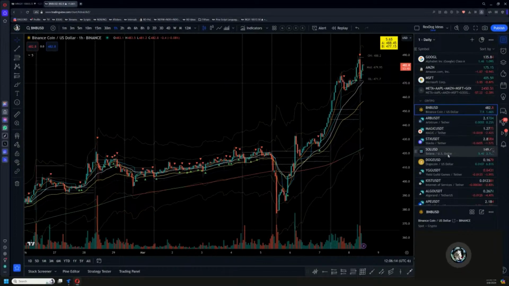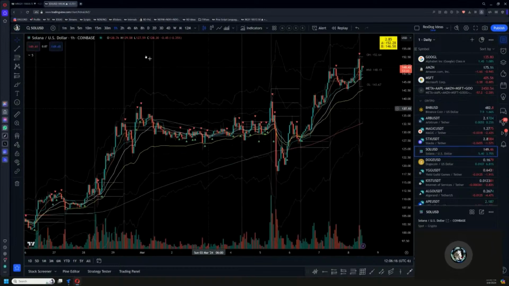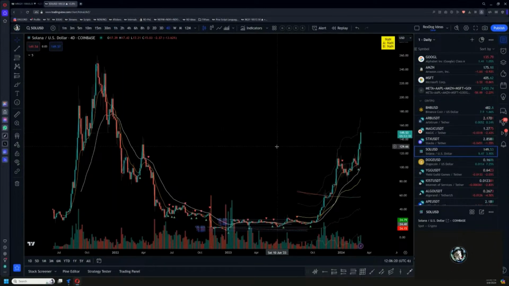All right, I have a fair amount of Solana I want to dump. Let's see where we're at in Solana. Above the 4-day range. Our next upward level is 199.